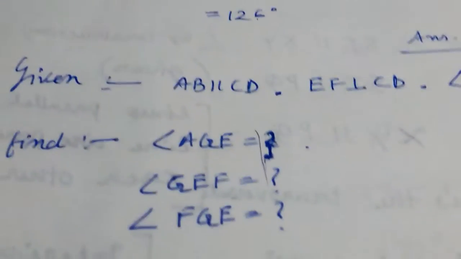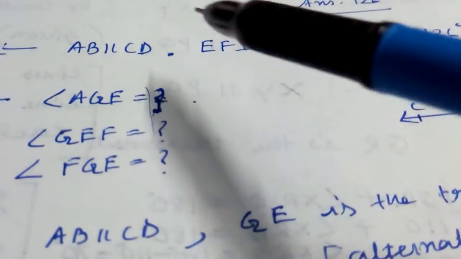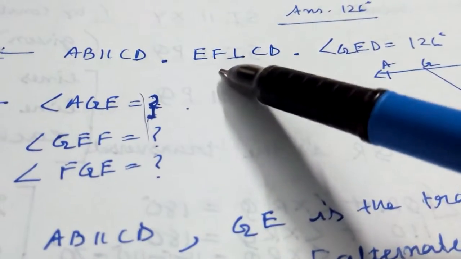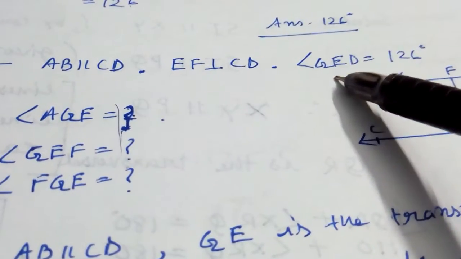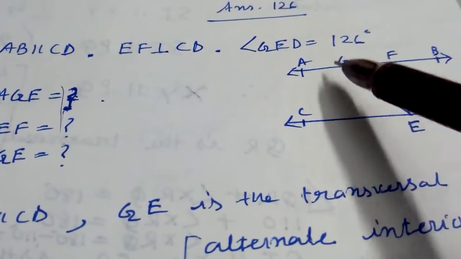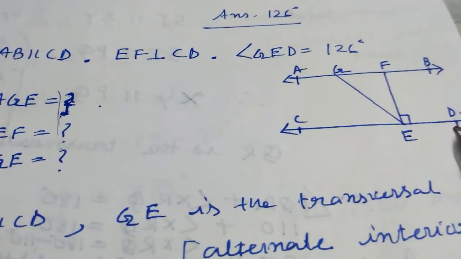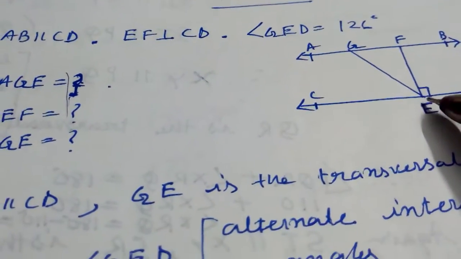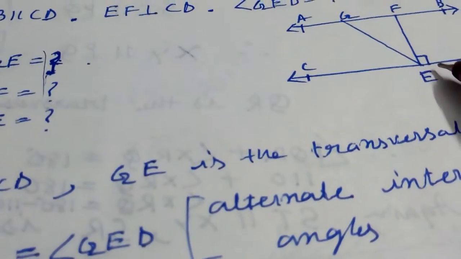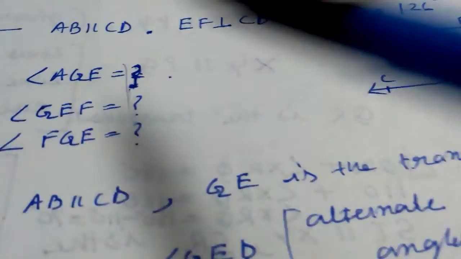We have to find angle AZE. Given AB parallel to CD, EF perpendicular to CD, ZED is equal to 126 degrees. We have to find angle AZE, ZEF and FZE.